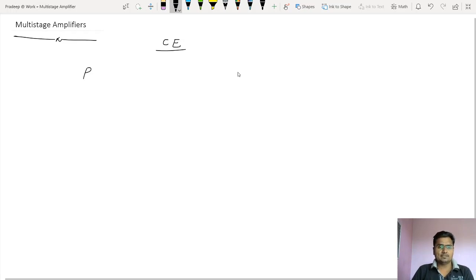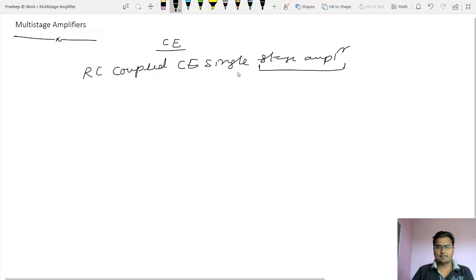What we have studied is the RC coupled common emitter single stage amplifier. That's what we have studied, right? Even single stage amplifier analysis with the H model, in last semester we are done with this part.